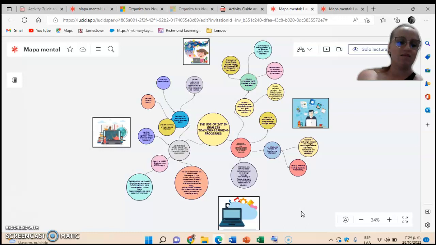As a reflection, I can share that the teaching process has had a favorable transformation at the student level because the technology tools have been a great support in which acquisition of a second language has been a little more practical.